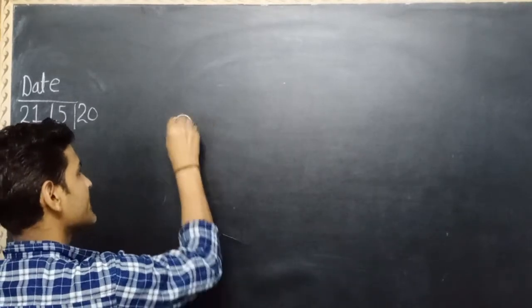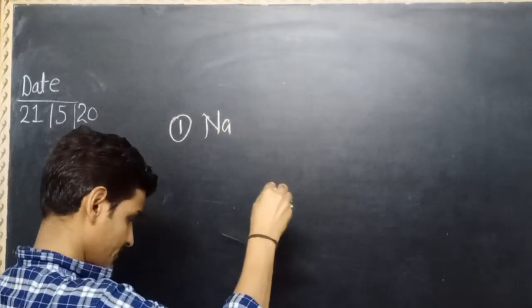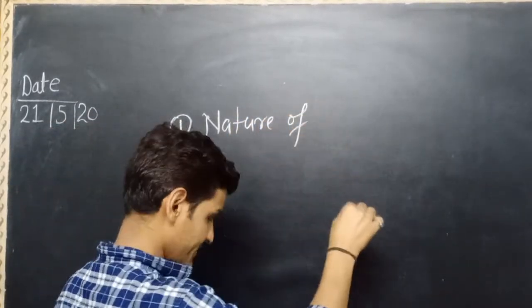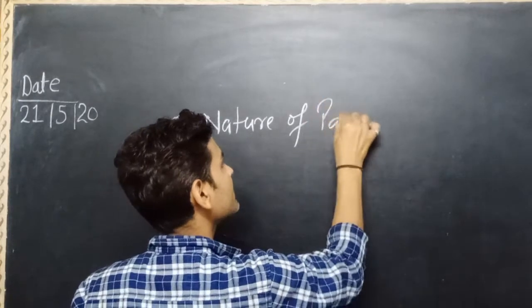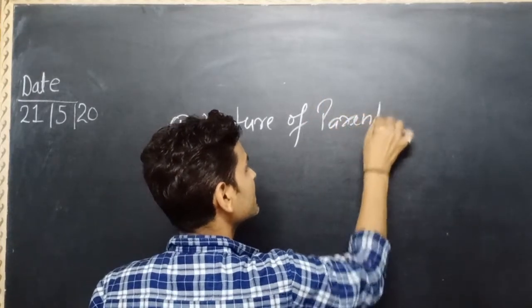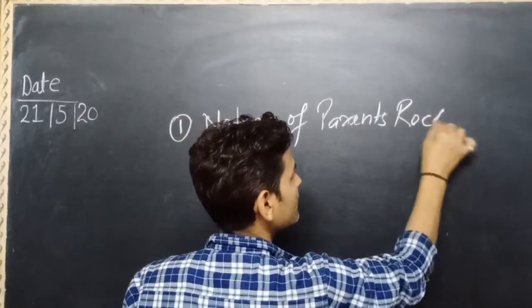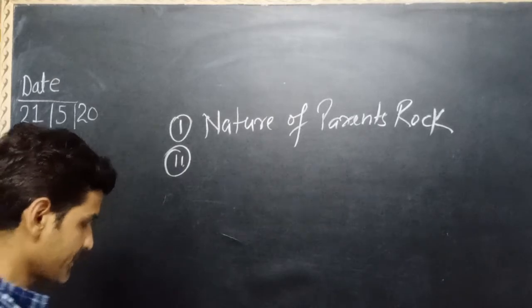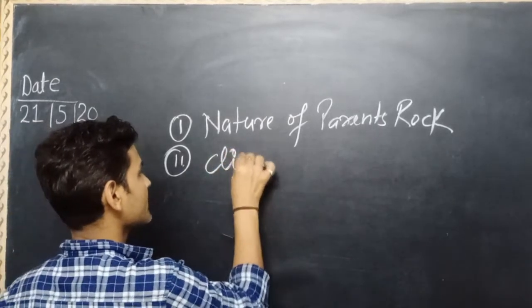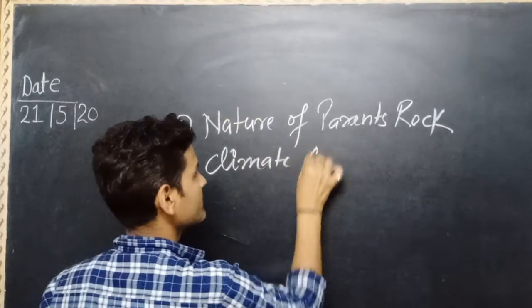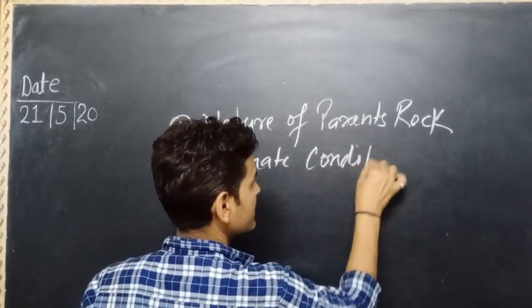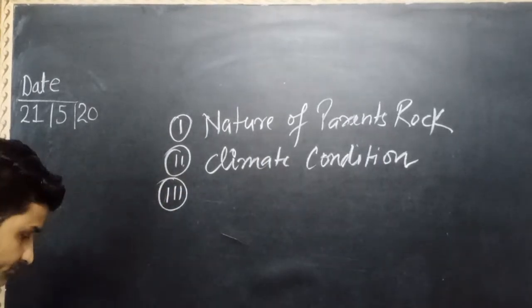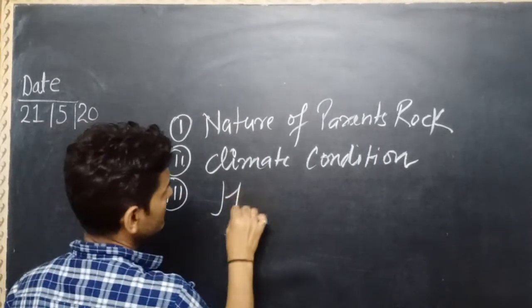Nature of parent rock. Second one, climate condition. Third one, humus.